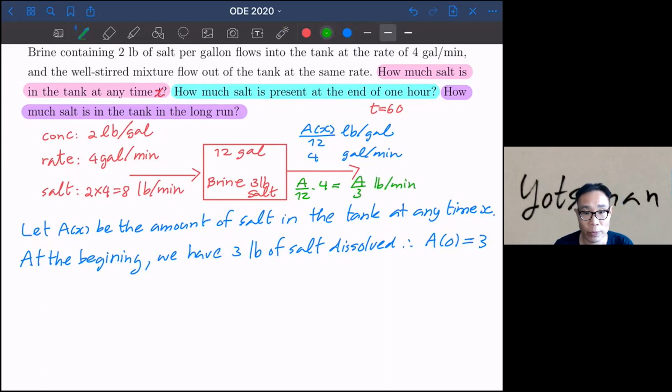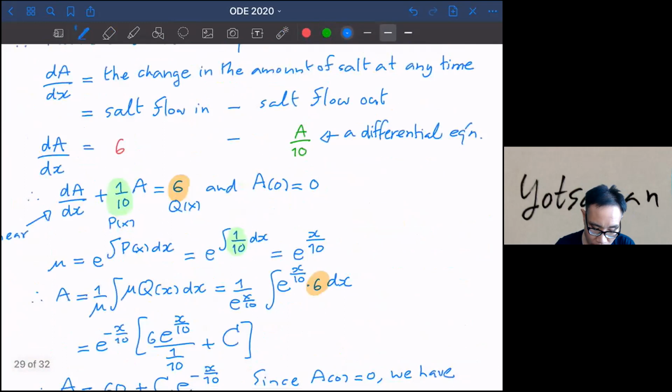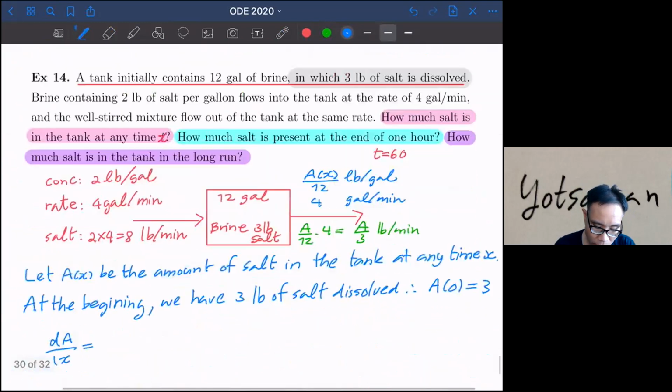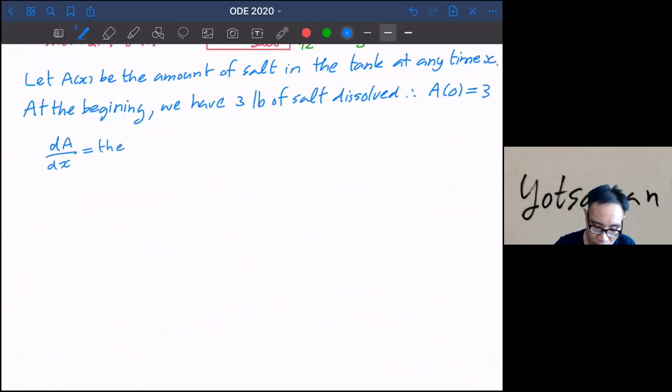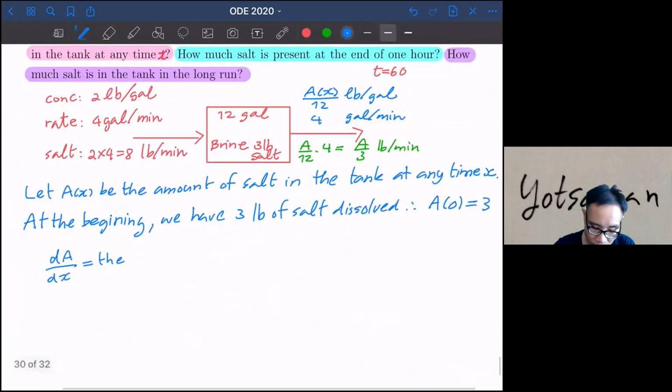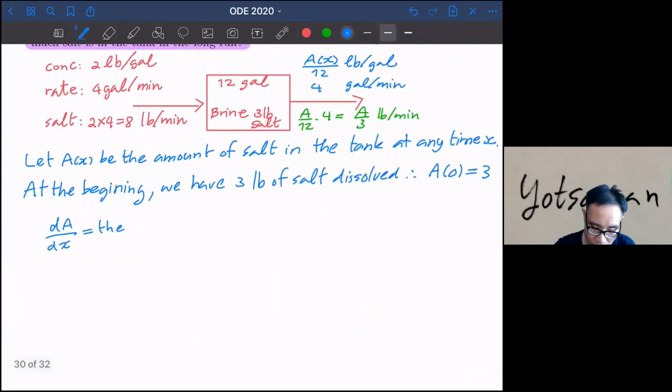Okay, so this will be just the salt flow out. So you have dA/dx equal to the change in the amount of salt in the tank.